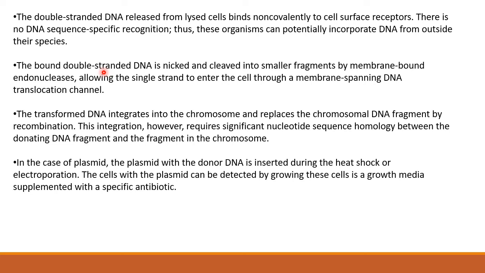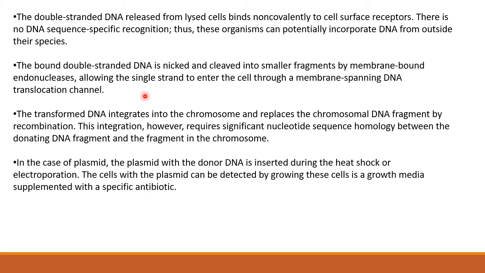The bound double-stranded DNA is then nicked and cleaved into smaller fragments by membrane-bound endonucleases, allowing a single strand to enter the cell through the membrane-spanning DNA translocation channels. Okay, so as the double-stranded DNA is bound to the cell surface receptor, it is cleaved into smaller fragments by endonucleases, and this allows a single strand DNA to enter the cell through membrane spanning DNA translocation channels.